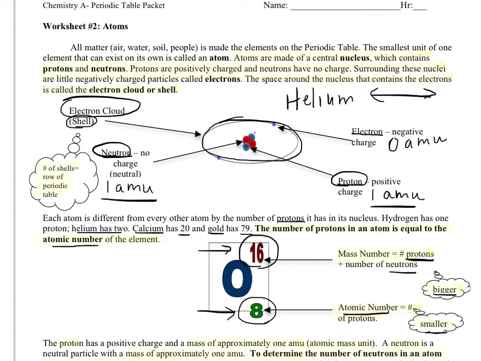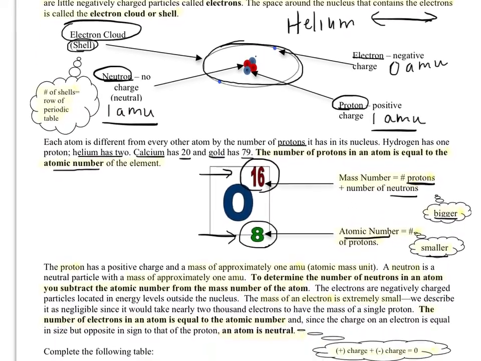We're missing the neutrons in there. Okay? The only exception to this rule would actually be hydrogen. Hydrogen, we already mentioned in class, does not have any neutrons, and so its mass and its atomic number are both 1. So hydrogen's sort of a funny little element. It's the one exception to the rule.